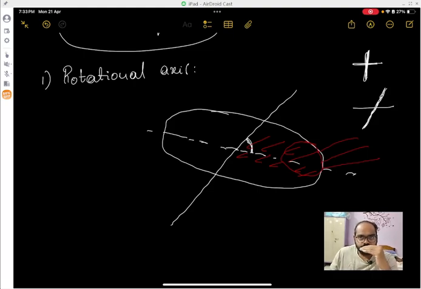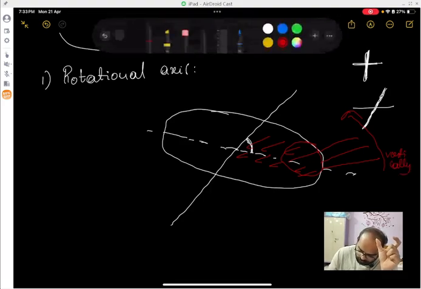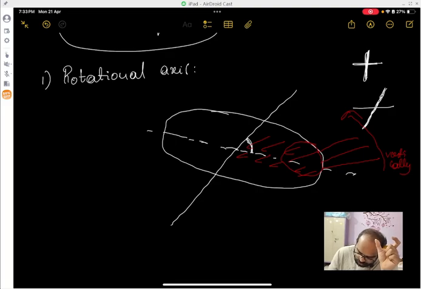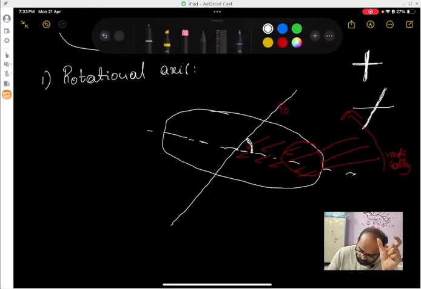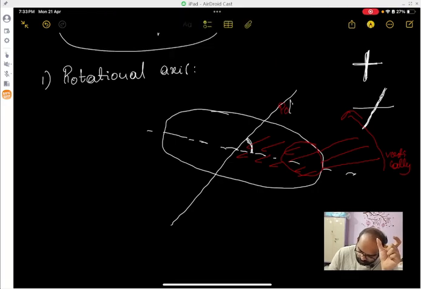As we move from the equator towards the poles, the angle made by the sun's rays decreases. If they fall vertically here, then as we move towards the poles, the sun's rays fall slantly, not vertically. In an oblique way, diagonally.